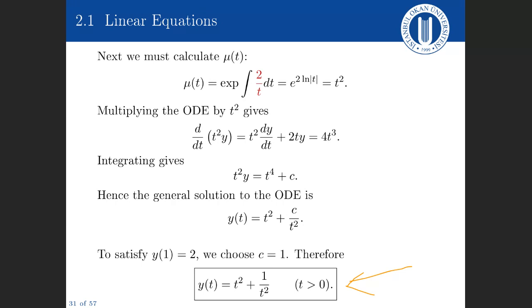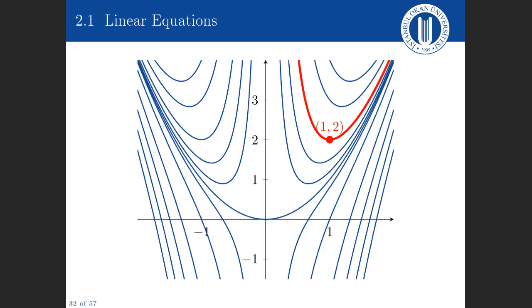Let me show you a graph of this function. All of these curves are solutions to the differential equation. But for the initial value problem, we were asked to find the solution which satisfied that y of 1 is equal to 2.